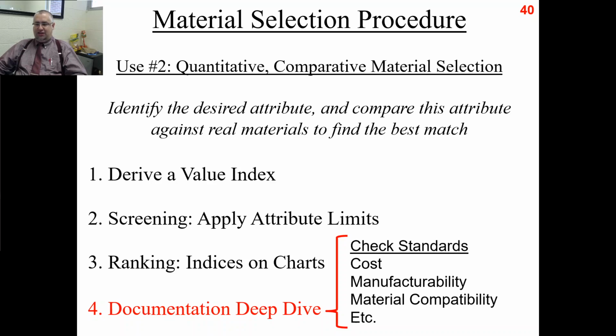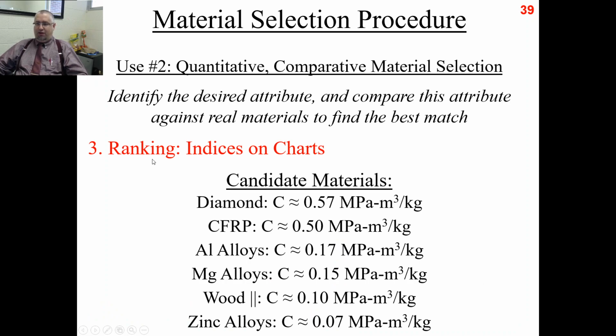And then the final step is what I call the deep dive into documentation. There's really nothing to say here other than the list of materials that we came up with for step number 3 in terms of the ranking. These are all candidate materials, but other than being selected because they have this high C ratio, we don't know anything else about them.